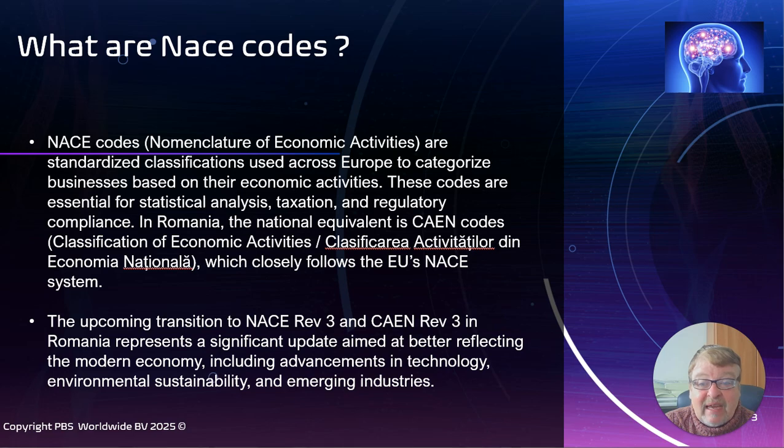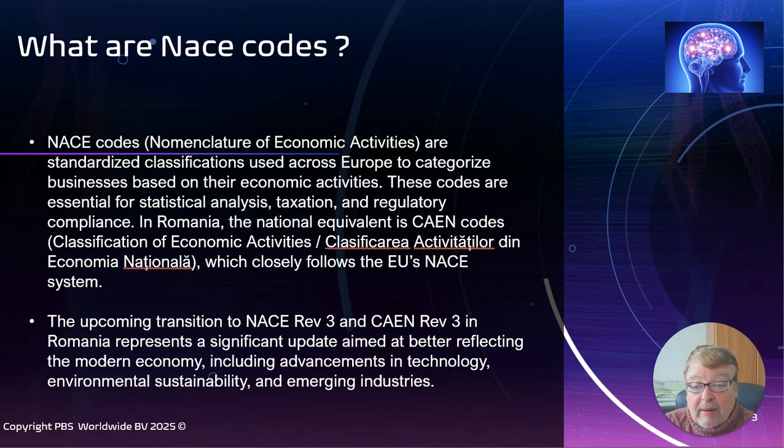So it's a classification, a nomenclature of economic activities. So instead of describing in a lot of words what you will do, you simply specify in your acta constitutiva what codes you will use in your company. There is a primary code and then there are secondary codes.